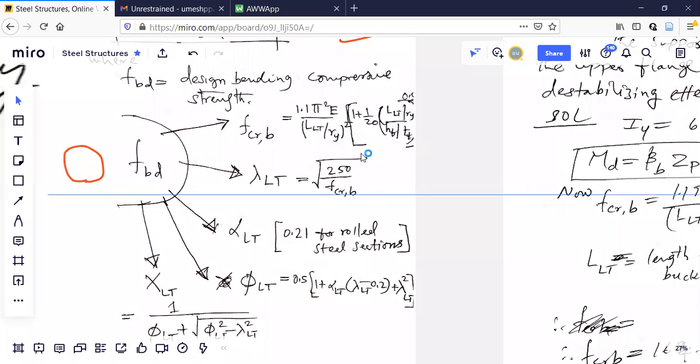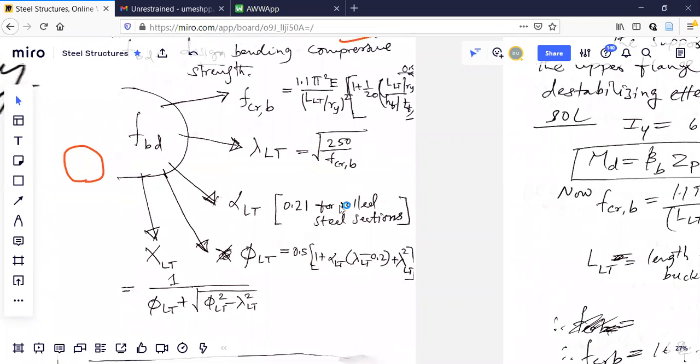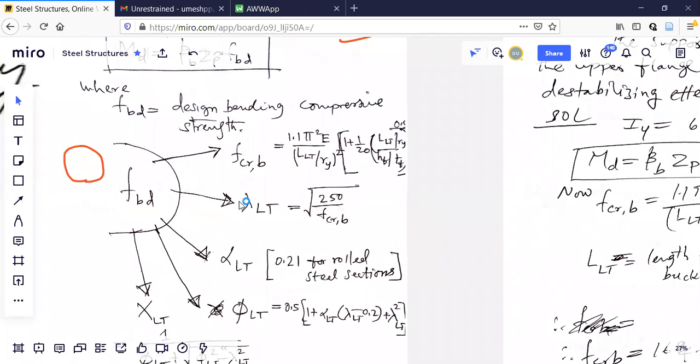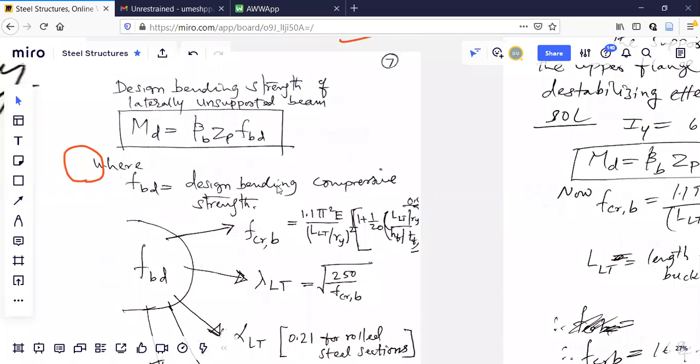What I can do in order to find what has ultimately happened here is due to the phenomenon of lateral torsional buckling. Okay, lateral one term, torsional second term, buckling third term. If you know all these three individually, you will understand what is lateral. You should know what is torsion.